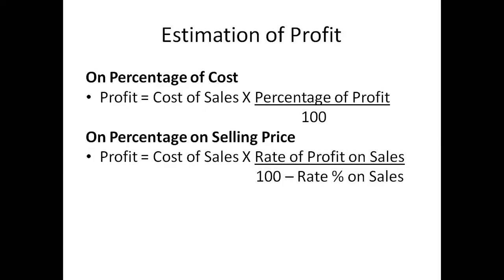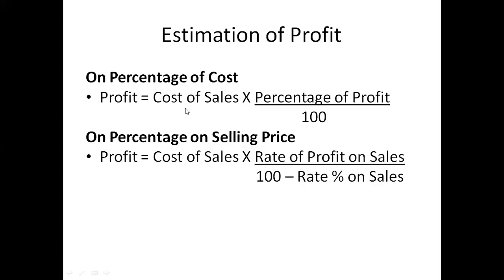So here, how to estimate the profit. In the previous problem, we worked out how to calculate overheads estimations, how to calculate factory overheads, administration overheads, and selling and distribution overheads. Now we can move on to the next stage, the profit. If the percentage is given, the profit is calculated as a percentage of cost.